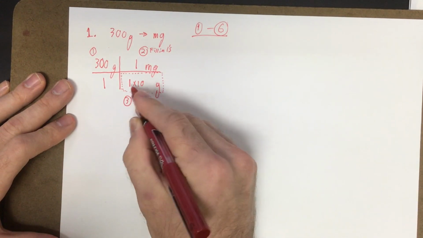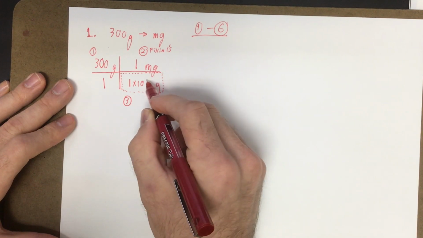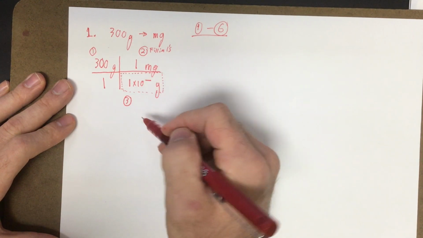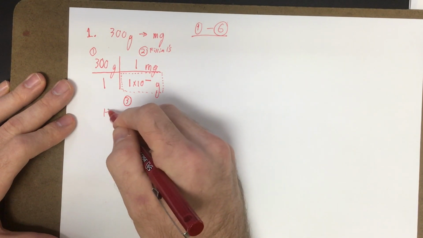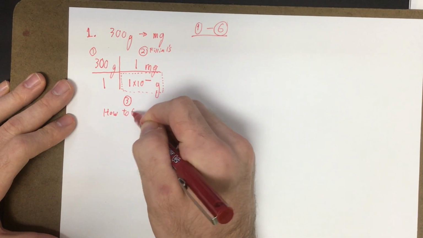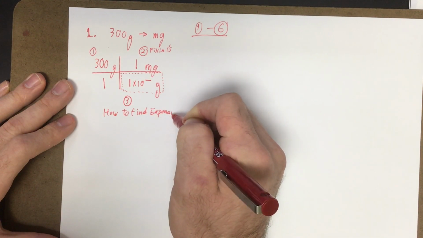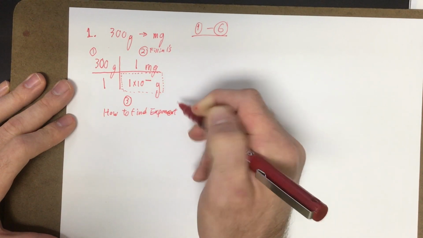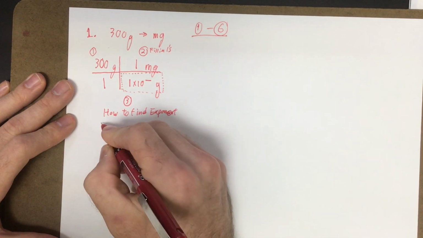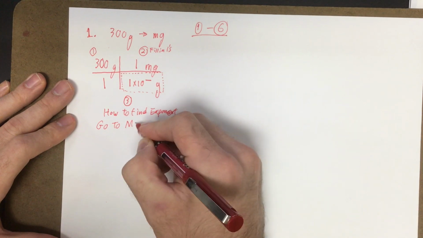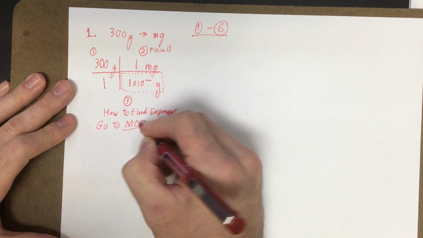Okay, so during the 3rd step, we write all this. Then we have to find this last missing exponent, okay? And how we're going to find that exponent, we're going to go to the chart. Go to the metric conversion chart, okay?